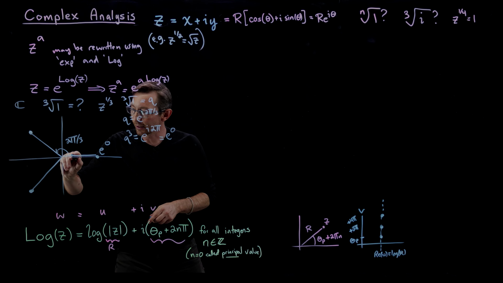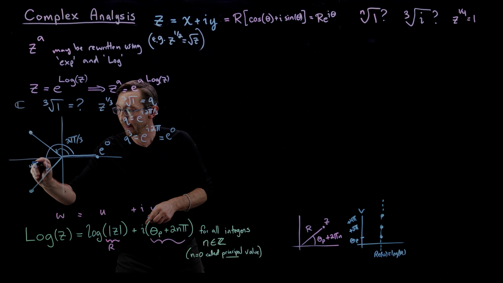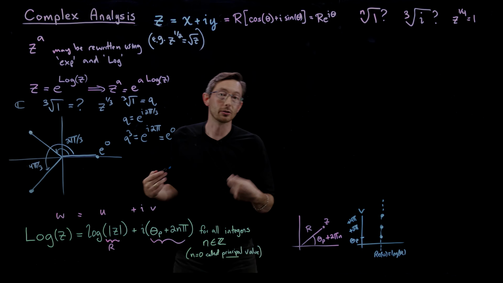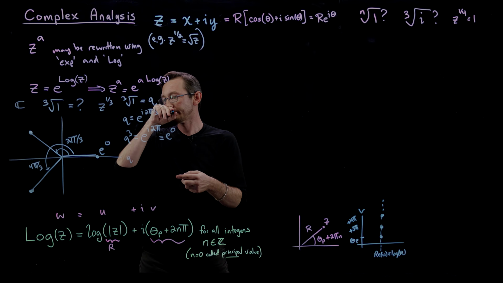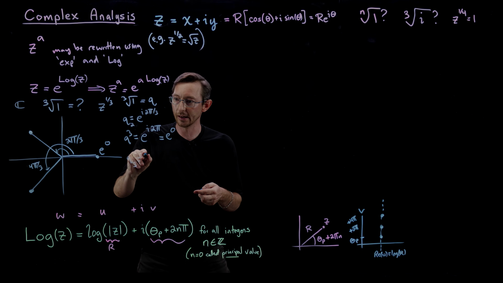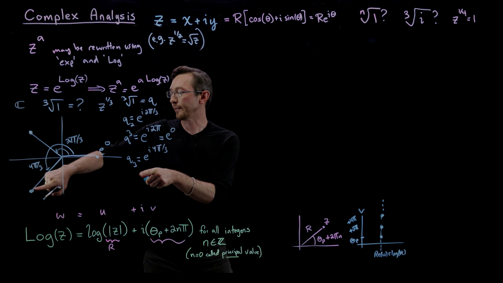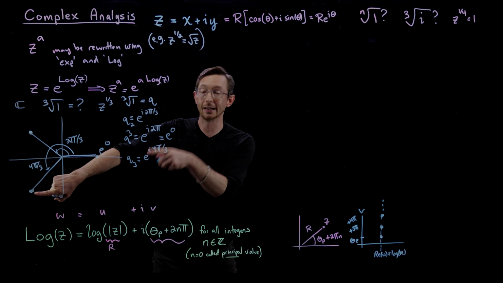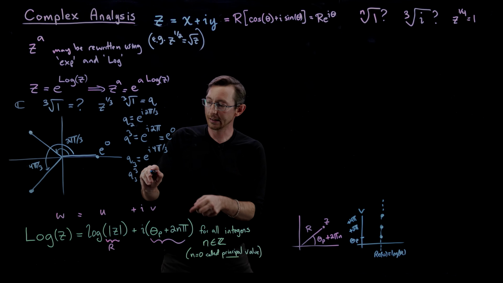And similarly, this one here, which is 4 pi thirds, is also a cubed root. This is the third one, e to the i 4 pi thirds. If I take it to the 3rd power, I get e to the i 4 pi.